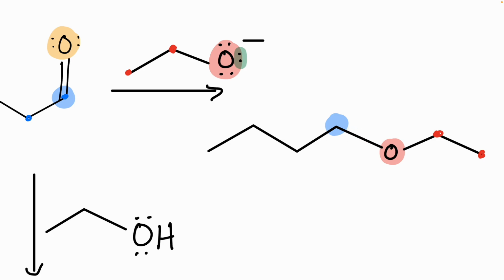So now my oxygen just has 2 lone pairs, and an oxygen with 2 bonds and 2 lone pairs is neutral. And just like we said before, we're going to be good and make sure to include that orange oxygen as well, but it's no longer a carbon-oxygen double bond, but a carbon-oxygen single bond.